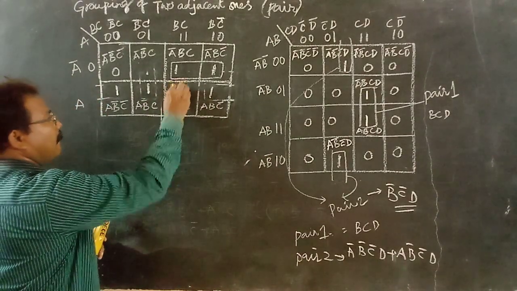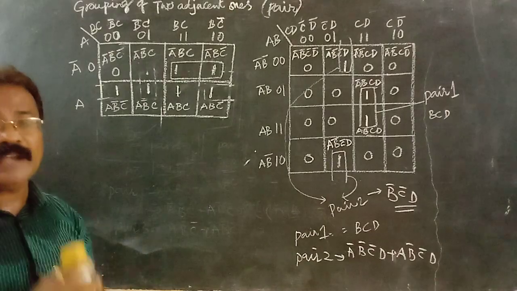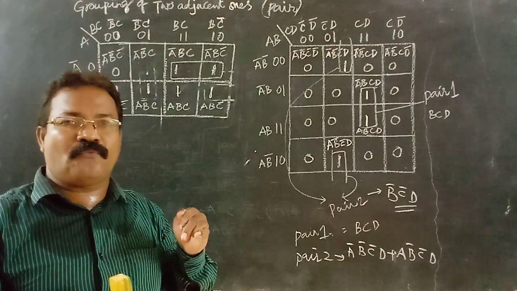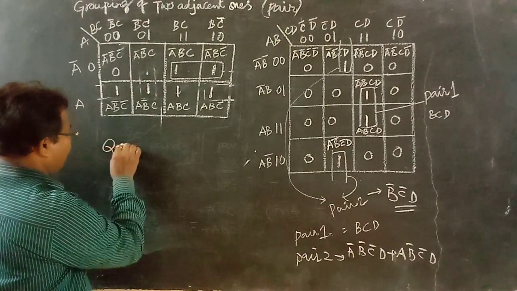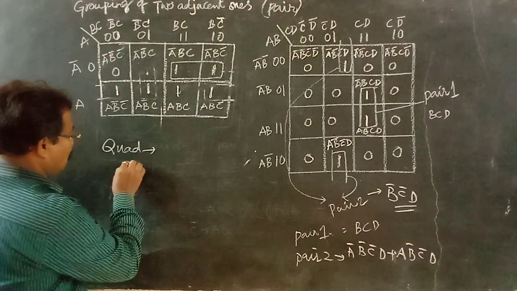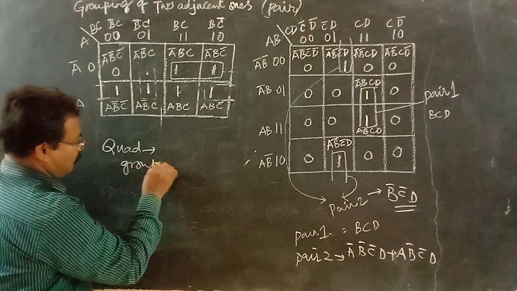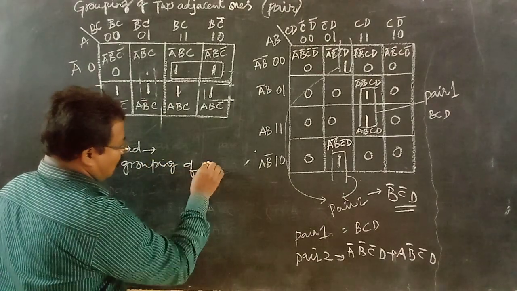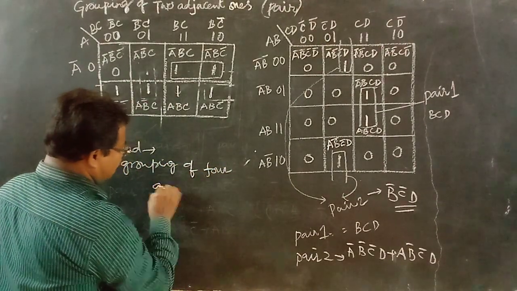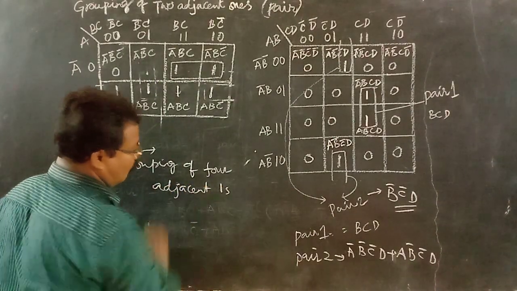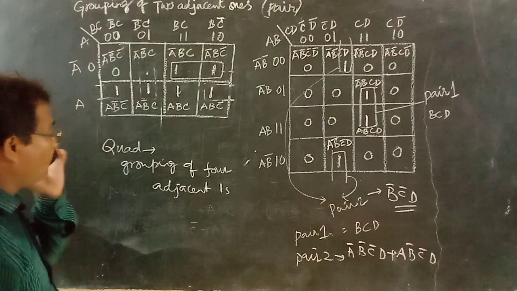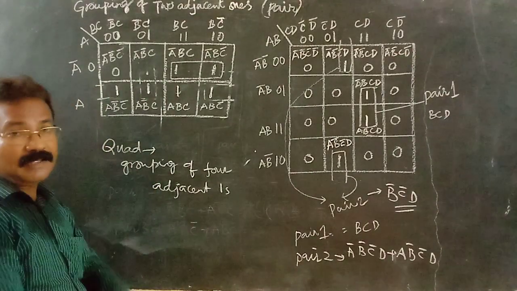Quad means grouping of four adjacent ones. Grouping of four adjacent ones is quad.